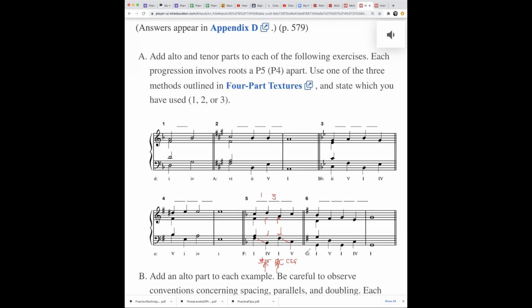So I'm thinking they want us to go way number 2, which is similar motion by step or skip to the next nearest chord tone. So the F would go to the G, and the C would go to the E. Is that right? Yeah. That's right. Way number 2.